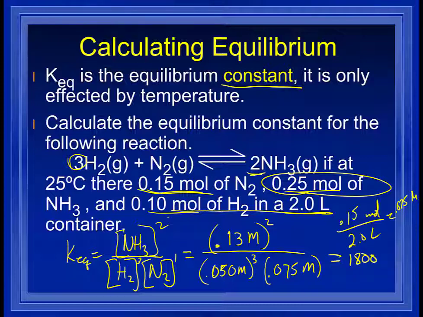And what kind of units do I have? Well, this top is molar squared. The bottom is molar cubed times molar, that's molar to the 4th. So my actual answer is 1800 molar to the -2nd.